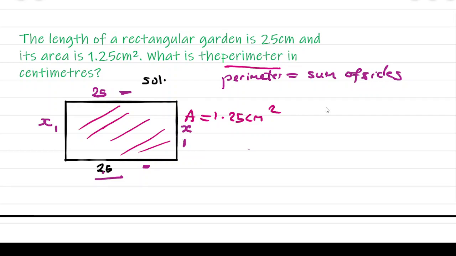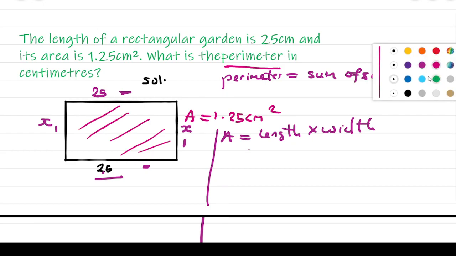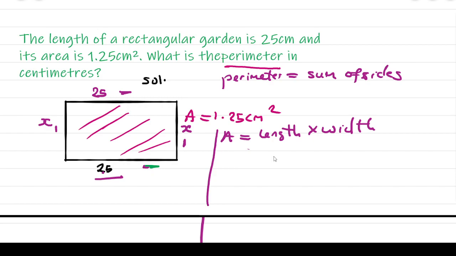Now what do we know about the area? We know that the area of a rectangle is given by the length multiplied by the width. Now what is the length and what is the width here? This is the length here, which is 25. The width is x, unknown.